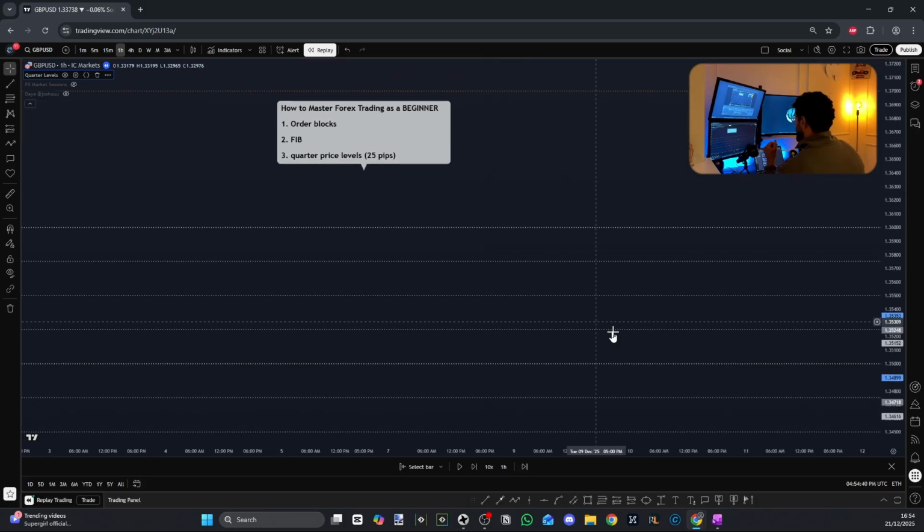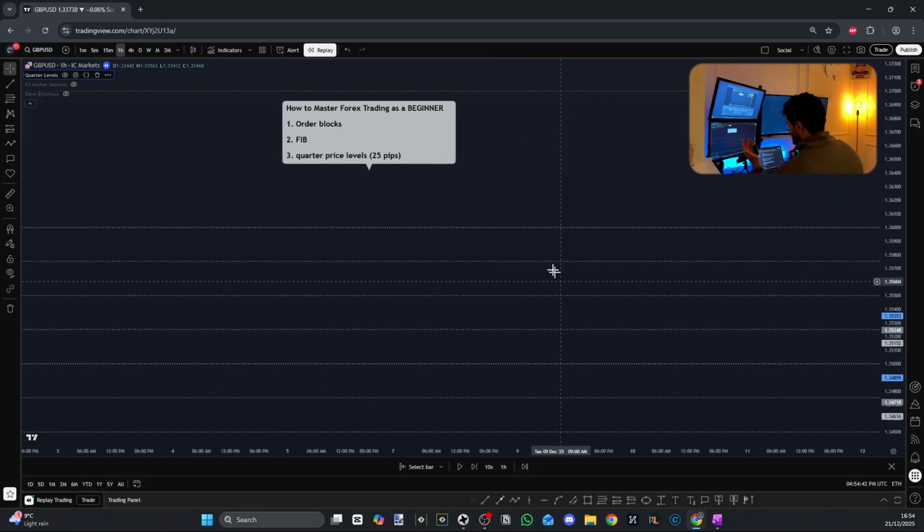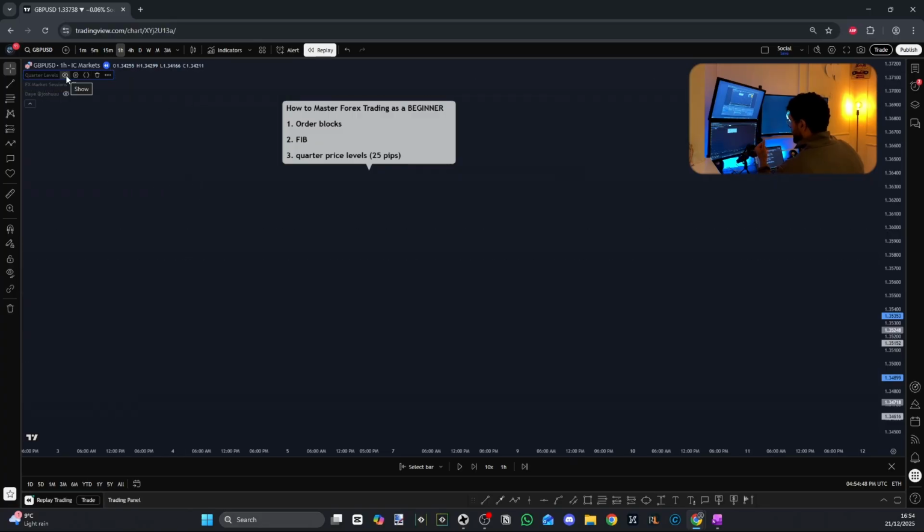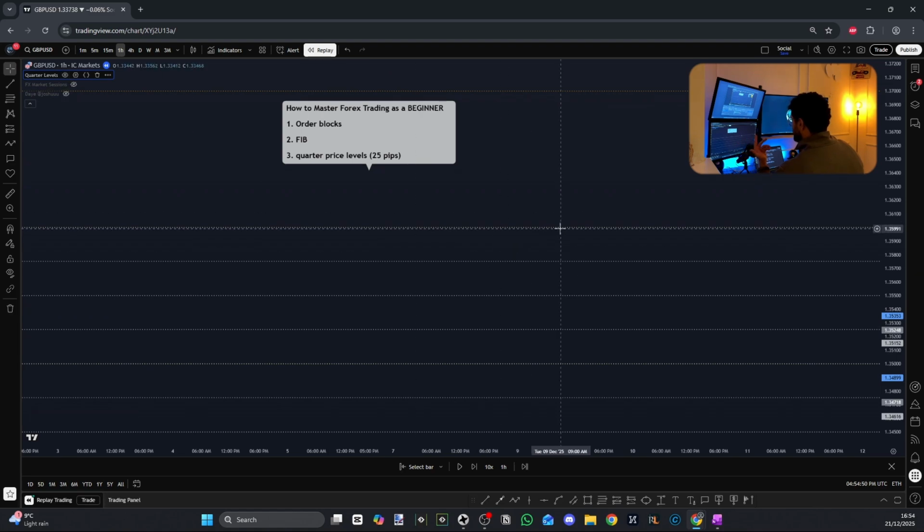So I don't bother drawing these out manually on my chart. On TradingView, you've got this indicator called quarter price levels. And if I toggle it on, it automatically adds a horizontal line at every 25 pip price increment.